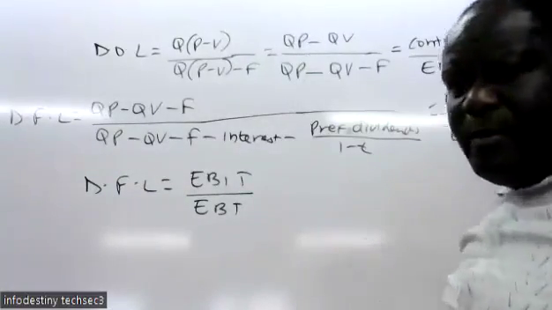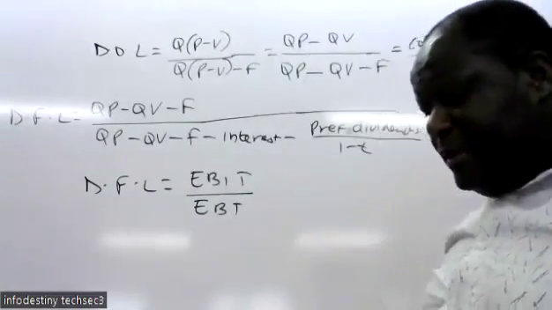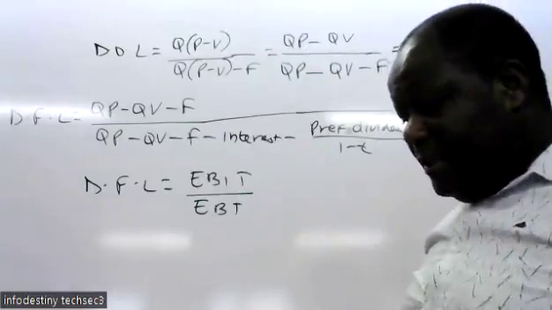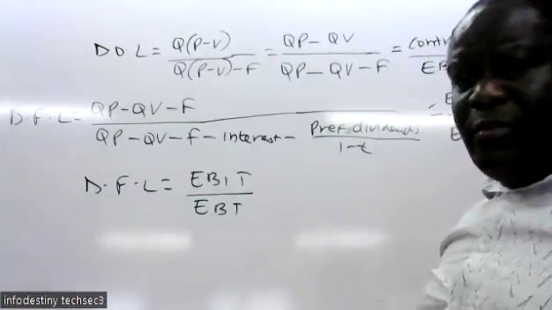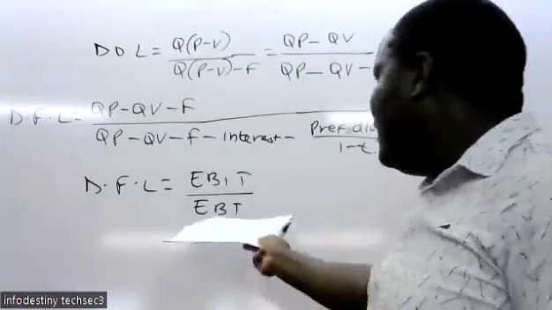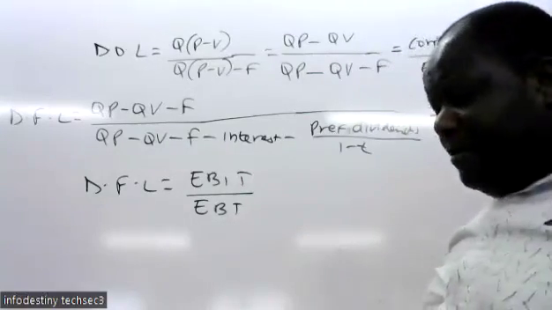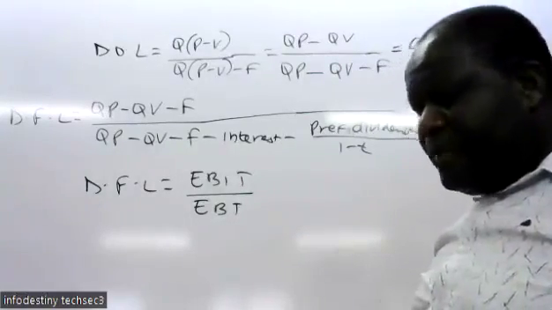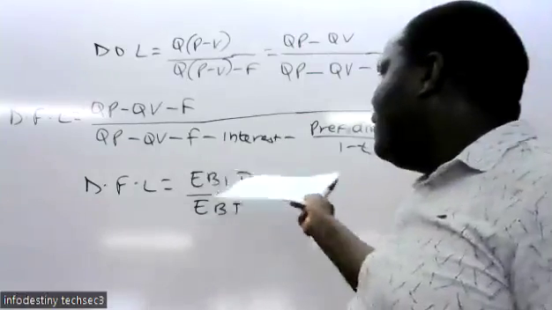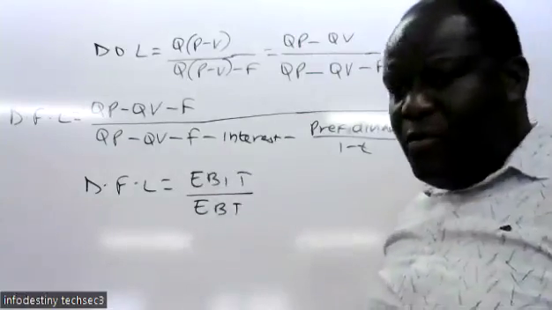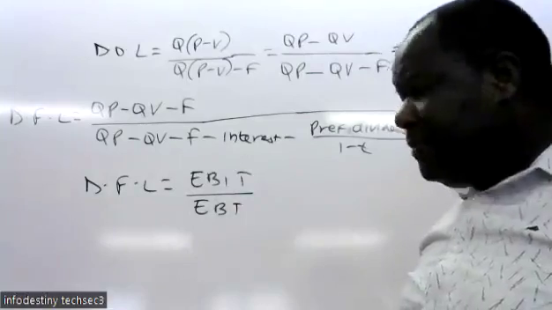In that Roman letter 1, they are asking for the percentage taxable income, if the earnings before interest and tax will increase by 6%.